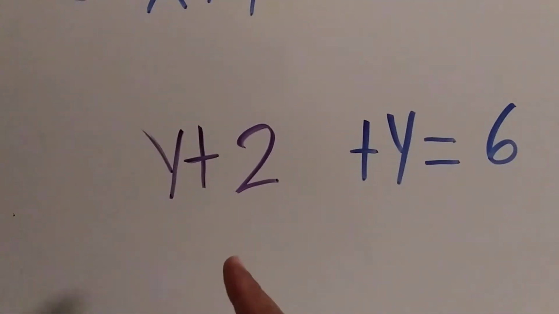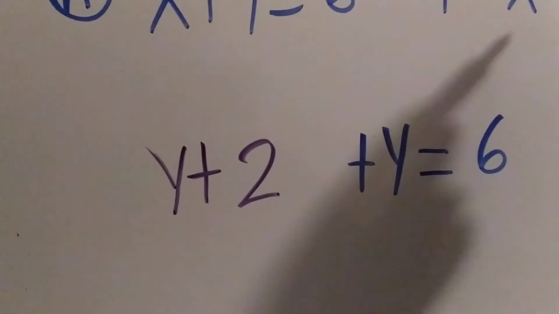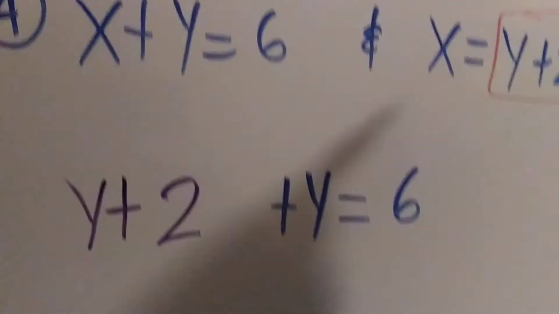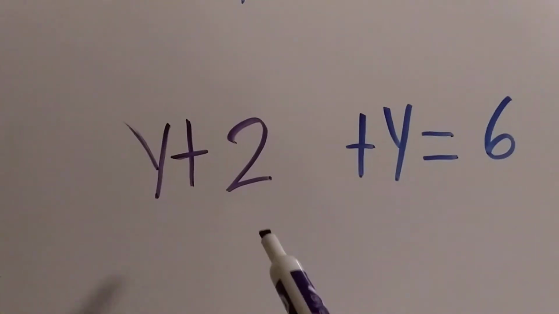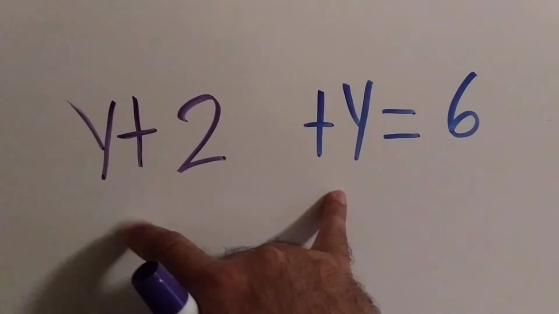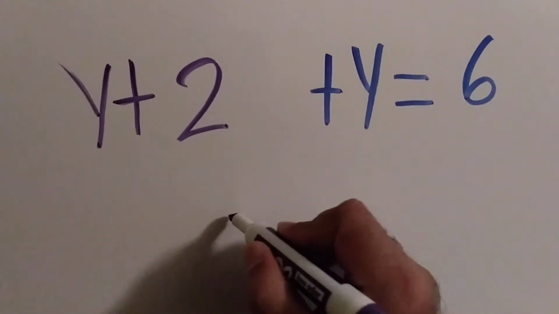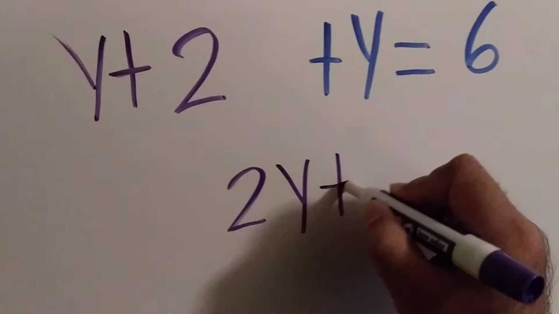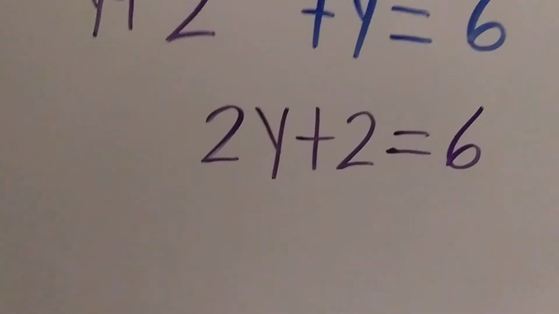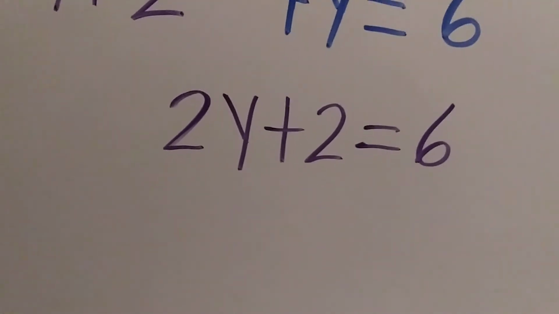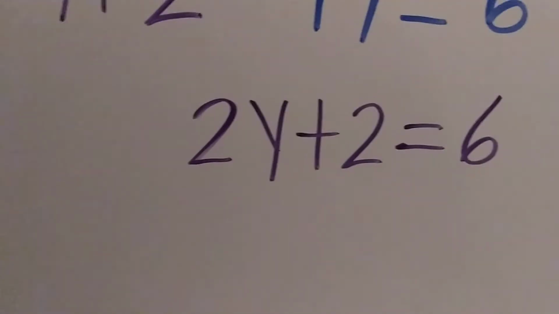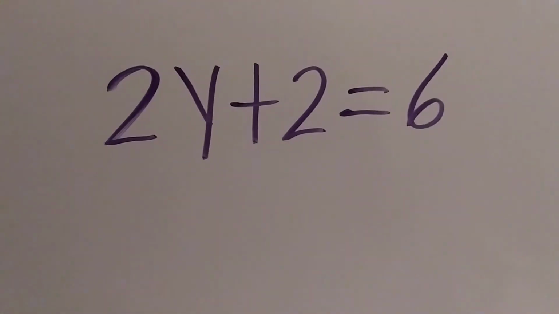If you notice, I'm using purple to substitute the value of x that's given to us here in the first set of equations. So now what do I do? I will go ahead and collect like terms, the y here and the y on this side. So that gives us 2y plus 2 equals 6, and we proceed in solving for y.